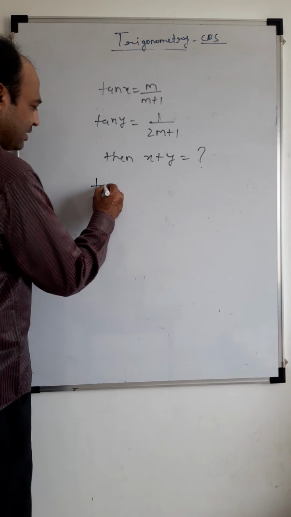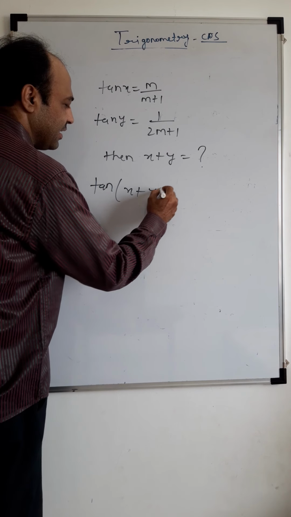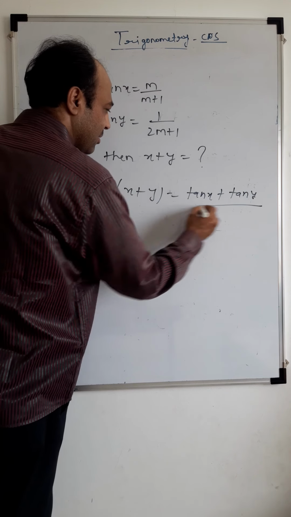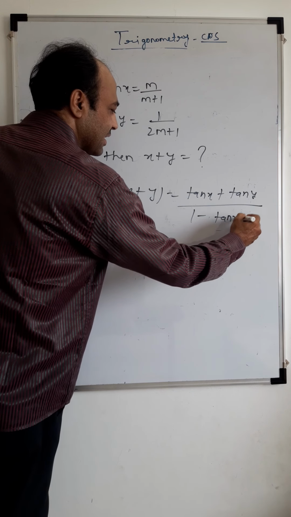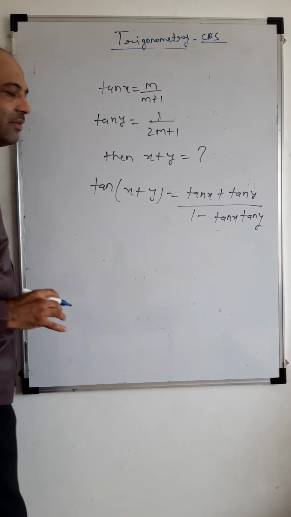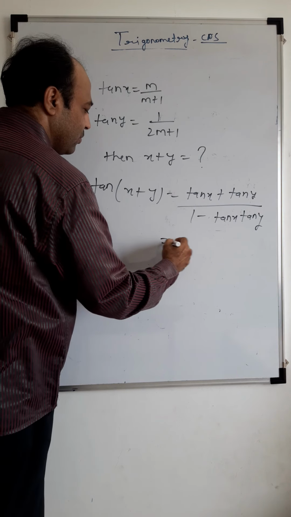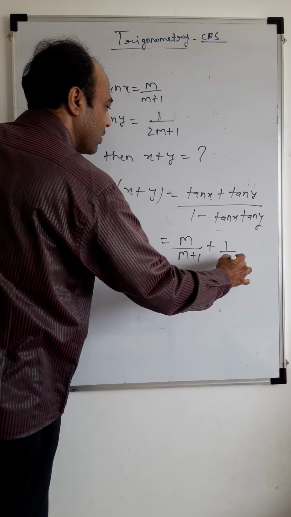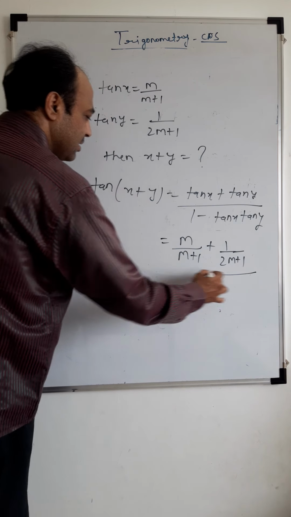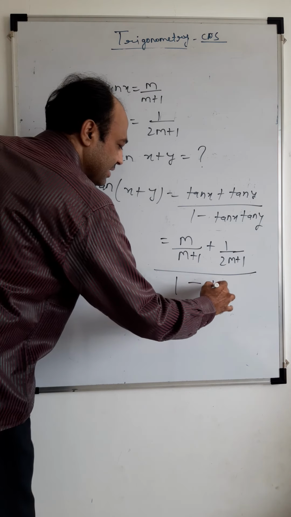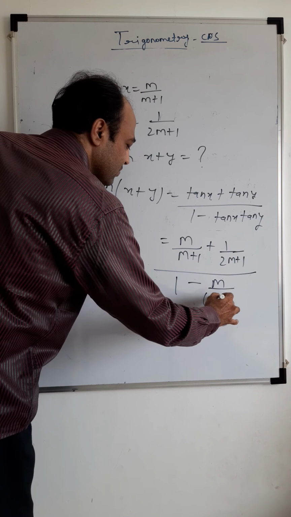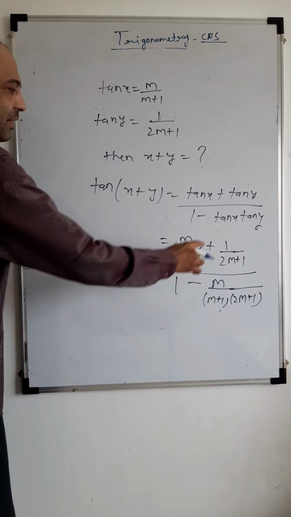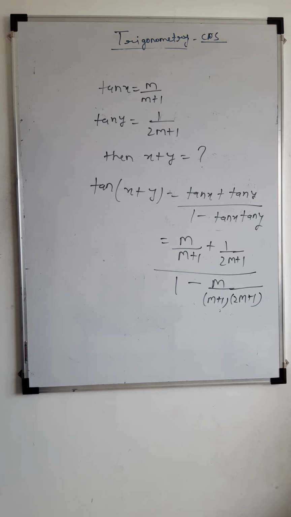Tan x plus y is tan x plus tan y upon 1 minus tan x into tan y. We substitute the values: m upon m plus 1 plus 1 upon 2m plus 1, 1 minus m into m plus 1 into 2m plus 1.